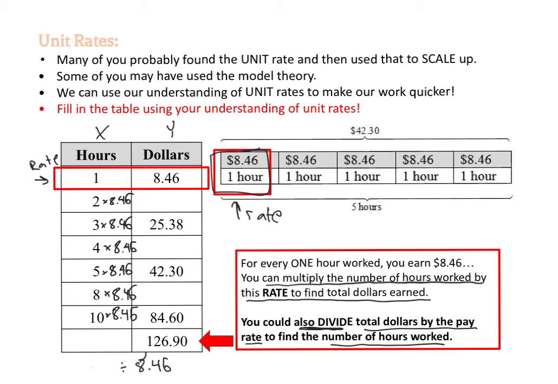Sorry, 126.9 divided by 8.46. So we end up with, oops, sorry, I just made a mistake. 126.9 divided by 8.46. Yes, that gets us to 15 hours.